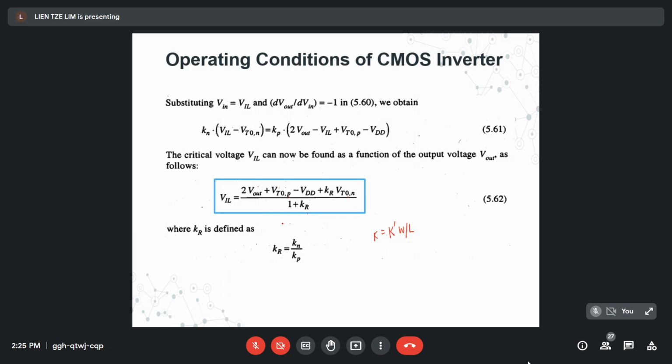For this one, since PMOS and NMOS are used, we should expect voltage levels for both, so we differentiate it based on the threshold voltages of the PMOS and NMOS if we want to calculate the input low voltage for the CMOS inverter.